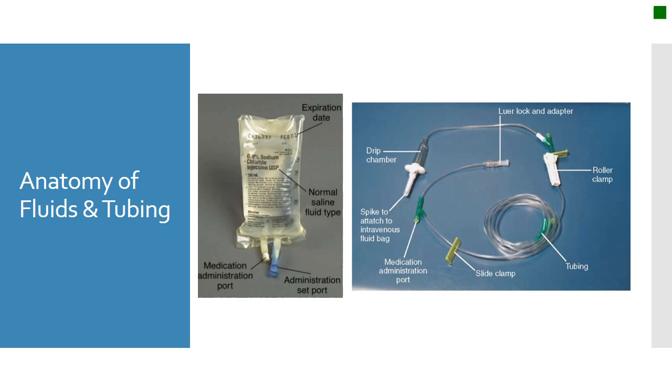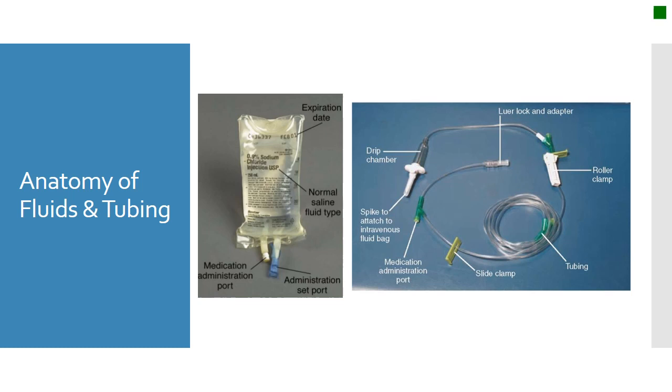The other port, typically the longer of the 2 ports, is the port that you will use to access with your tubing. The picture on the right is your tubing. Your tubing has a spike at the top. The spike is used to attach to the IV bag fluid.